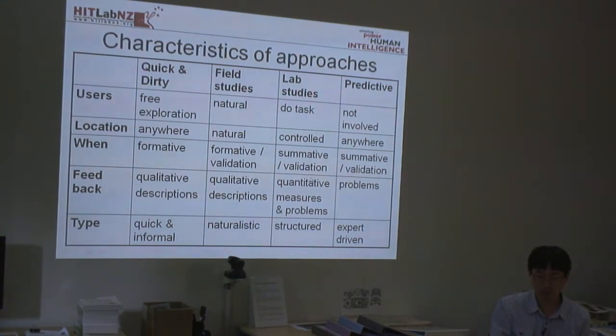But later approaches, especially the lab studies, will give you more quantitative results, such as numbers: how long they took to do certain tasks, or how much error they made, in millimeters or pixels or whatever. So it will give you more quantitative measures so that you can test them against statistics and show how meaningful the results are based on the statistics.